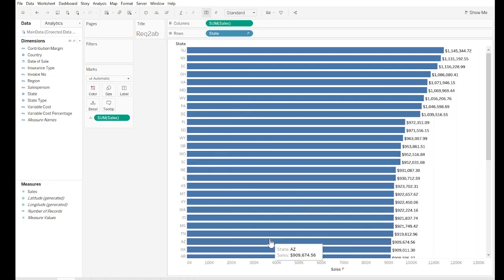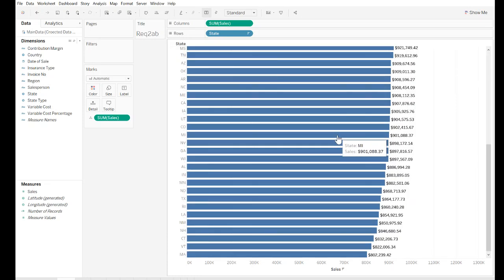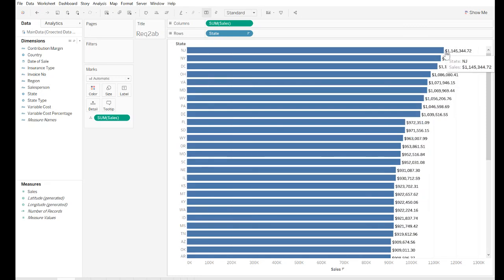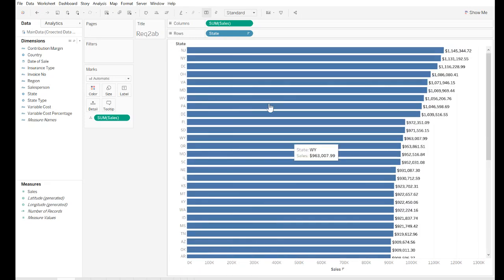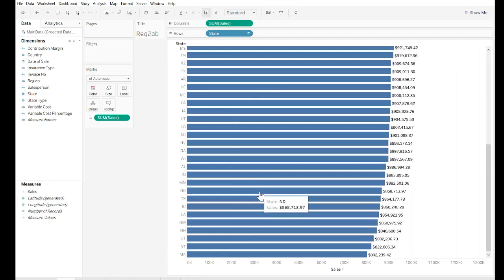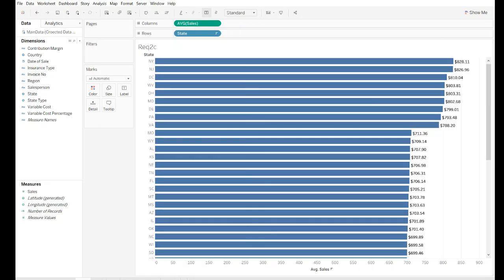That's pretty self-explanatory, and you can clearly see in this first graph that the sales have been ranked from highest in New Jersey, being just over $1 million, and the lowest would be just over $800,000 from Massachusetts. And that about sums it up for requirement 2AB, and on to requirement 2C.